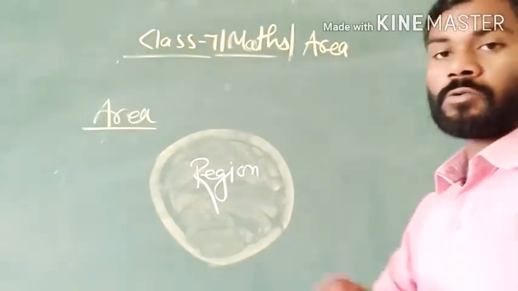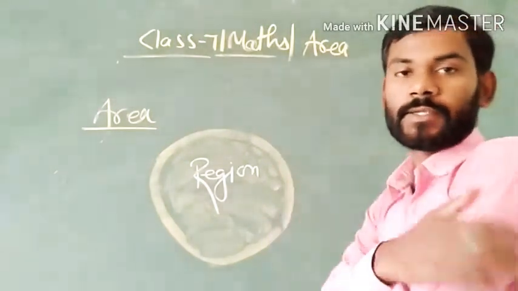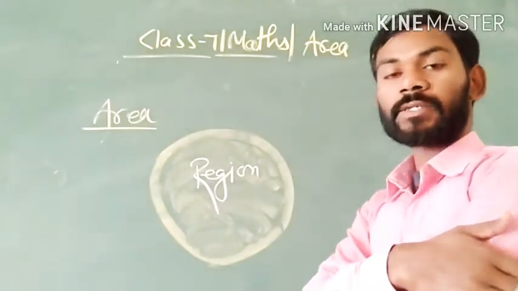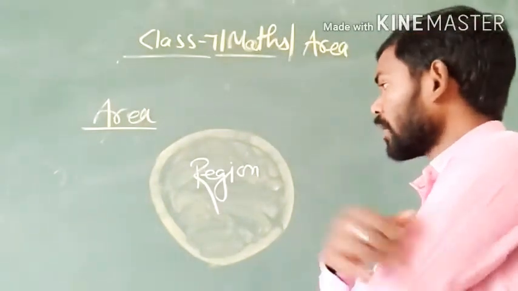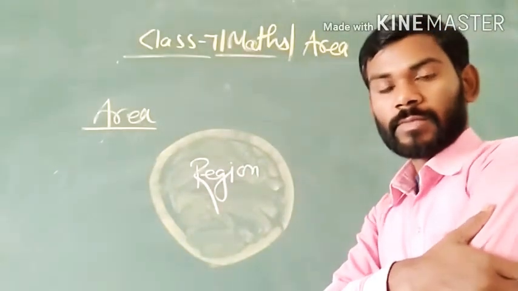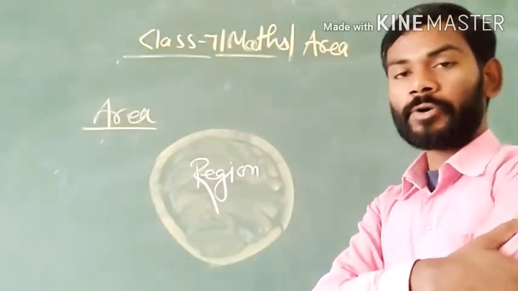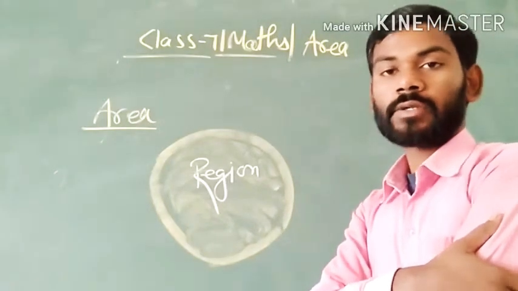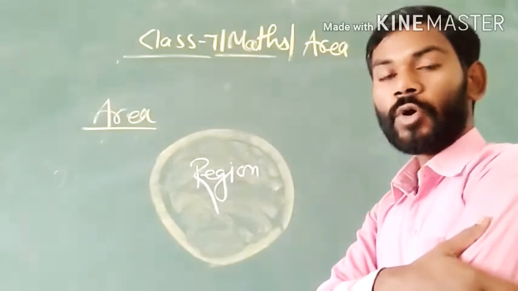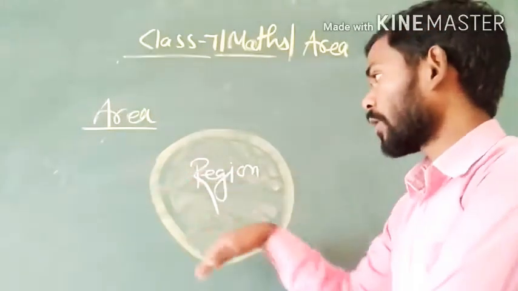So, in order to say this region is area, as we have discussed earlier, we call this boundary perimeter if we get the magnitude of the length of this boundary.